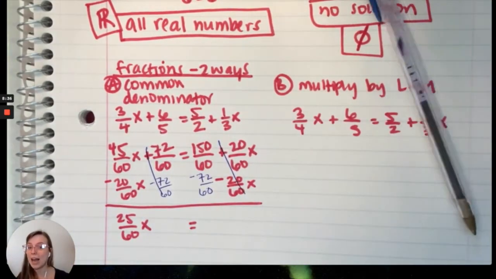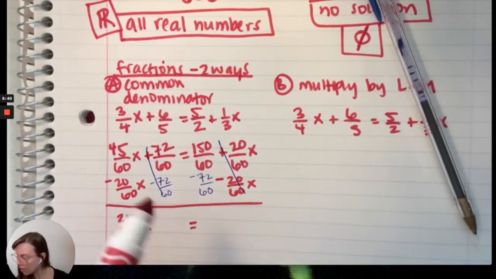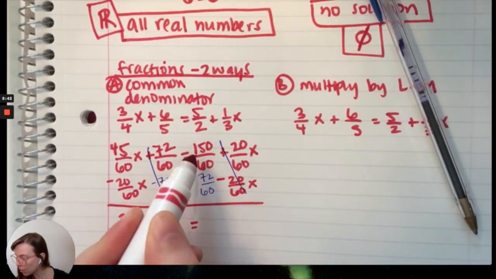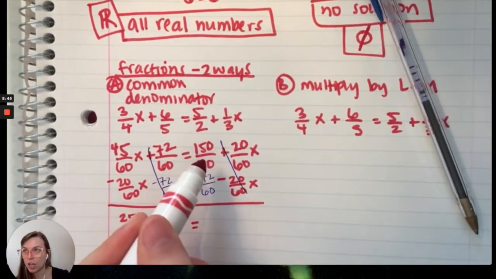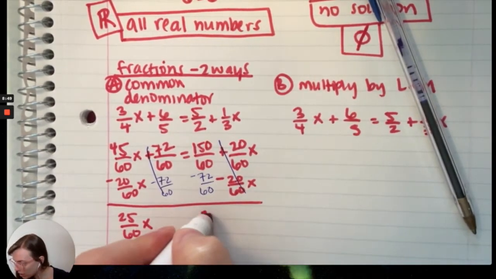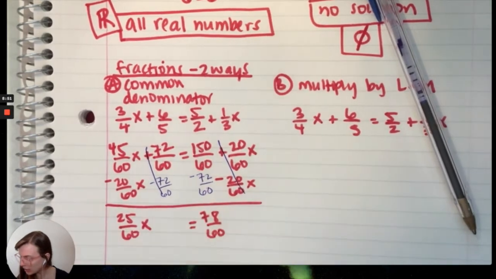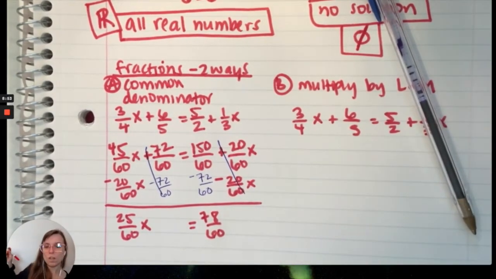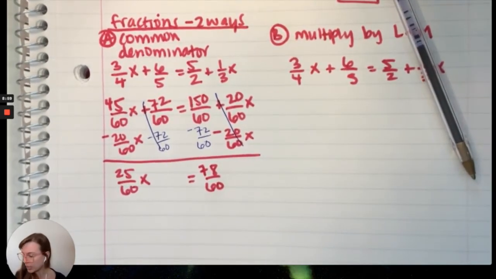And that's why I know I'm adding or subtracting correctly, because I'm using the additive identity of 0. 150 minus 72. 150 minus 50 is 100. 100 minus 20 is 80. 80 minus 2 is 78. So I'm at 78/60ths. Boom. So I did 2 steps at once. I used 2 different colors so someone can still read what I did. They can tell that I did it 2 different ways, 2 different steps.